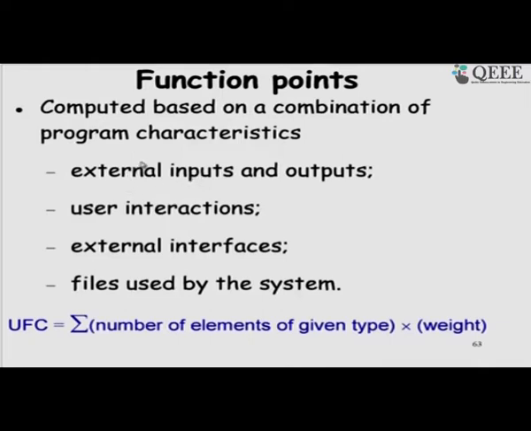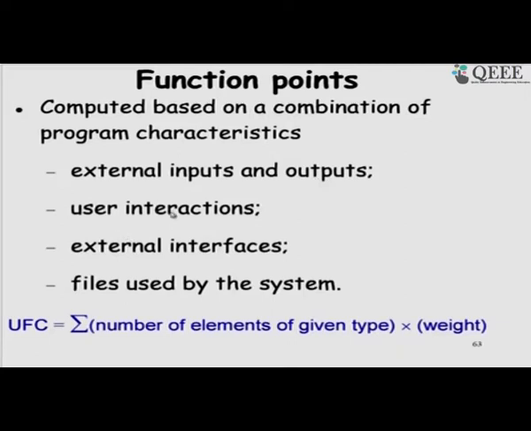Let me repeat: an external input is the data given by the user, which we can identify from the requirements, and whether the input is being used to modify internal data. The outputs are how many displays are being produced, and the output for each set of related data that is being output will count as 1.